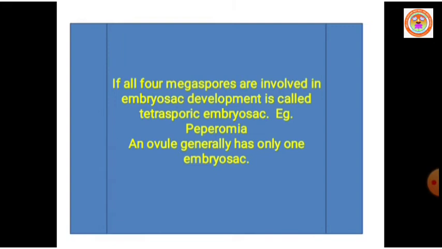So we say it is a monosporic embryo sac, in which you can observe only one embryo sac, and the egg apparatus, secondary nucleus and antipodal cells are found in the embryo sac. Let us continue with the development of monosporic embryo sac.